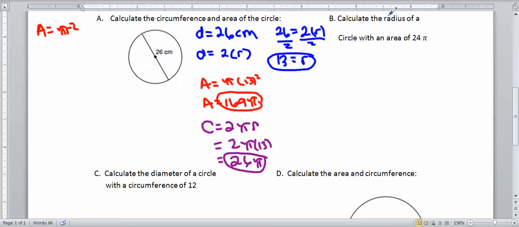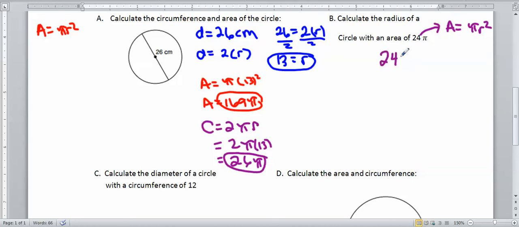Alright, it says calculate the radius of a circle with an area of 24 pi. Okay, so I'm going to use my area formula. Area is equal to pi r squared, and then I'm going to use that to calculate my radius. It says the area is 24 pi, so I'm going to plug that in for area.